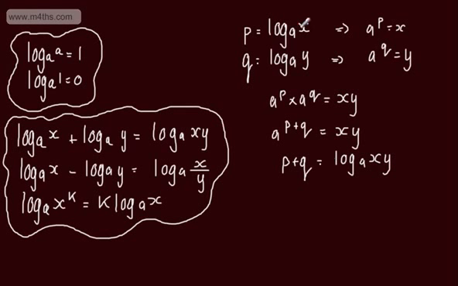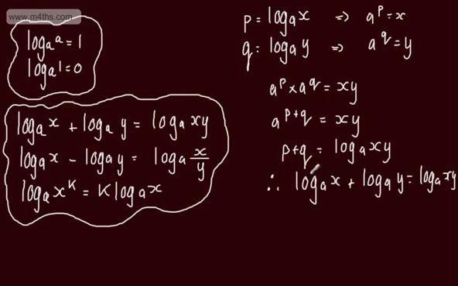P is log to the base a of x, q is log to the base a of y, therefore p plus q will be equal to log to the base a of x multiplied by y. So let's just go ahead and write that. So we've got p plus q, so that's log to the base a of x plus log to the base a of y is equal to log to the base a of the product xy.